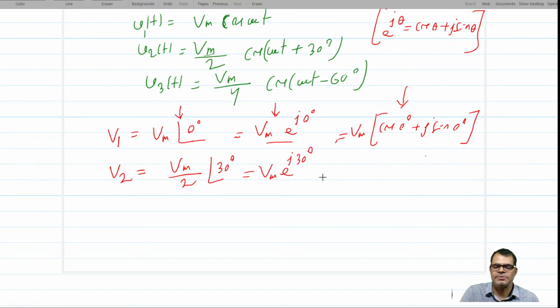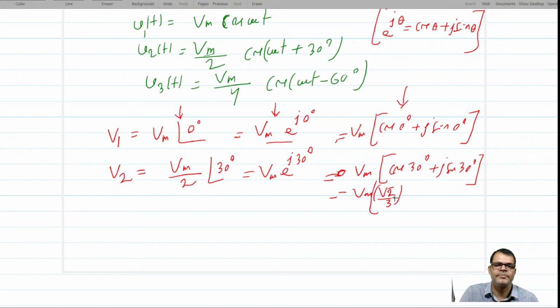These are the exponential representations, and in Cartesian representation, Vm cos 30 degree plus j sin 30 degree, which is Vm root 3 by 2 plus j half.